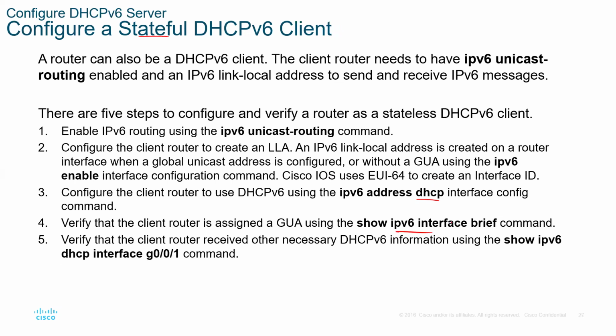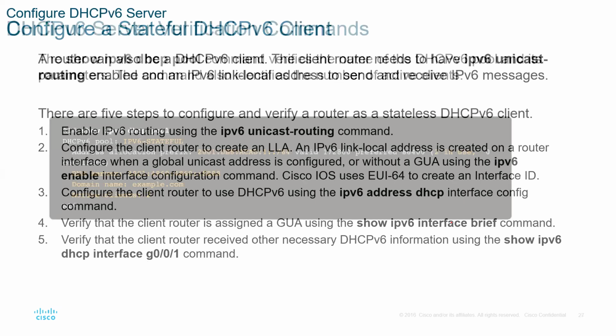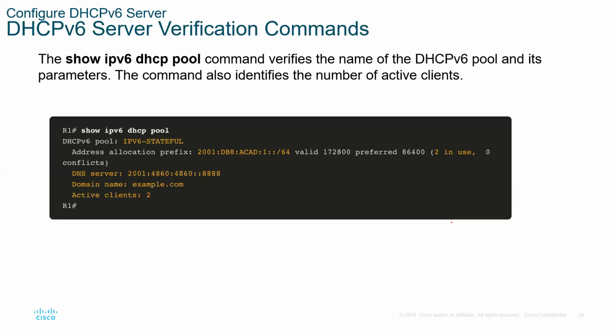Then verification, you're just verifying if you've got an address. Other show commands: the show IPv6 DHCP pool verifies the name of the pool and its parameters. What are the options that you have? Here we have our DNS server, our domain name, additional information, and the active clients that we have there.